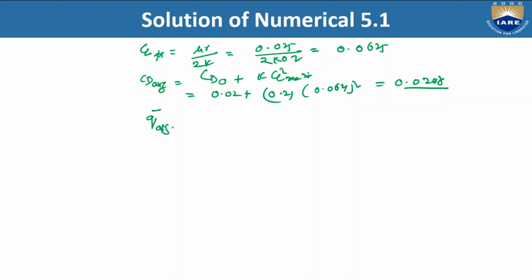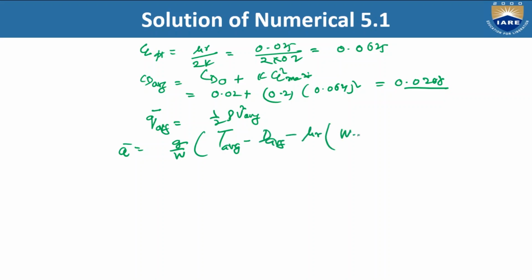And we know that Q average is equal to half rho V square average, and acceleration is equal to g by W times T average minus D average minus mu R W minus L average. So if you put this value, 9.81 divided by 6000, T average, minus D average, we can find D average by half rho V square S CD.